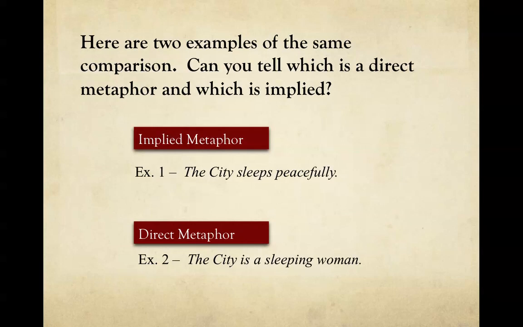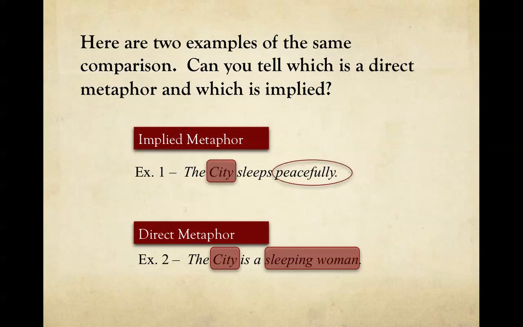All right? The city is a sleeping woman tells you what it's being compared with. The woman is in the sentence, and that's why it's direct. So it's a good way to sort of see the difference. There it is. City equals a sleeping woman. In this case, the city sleeps peacefully, and peacefully would be the quality.